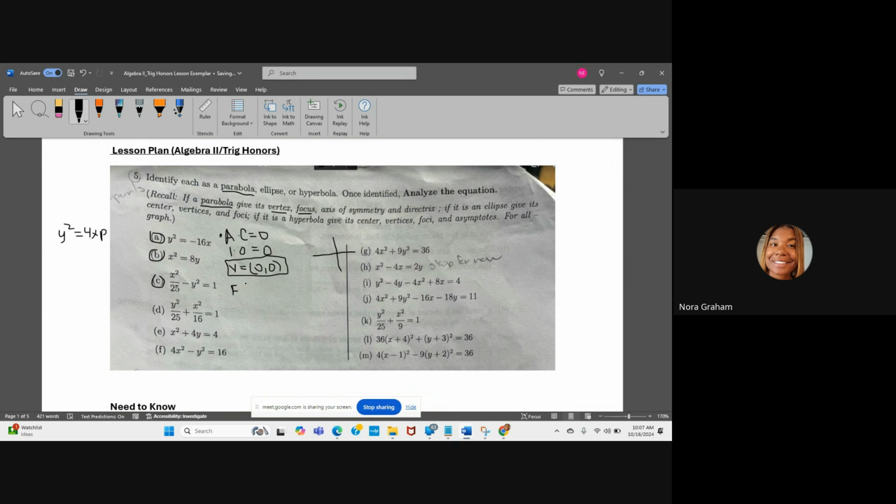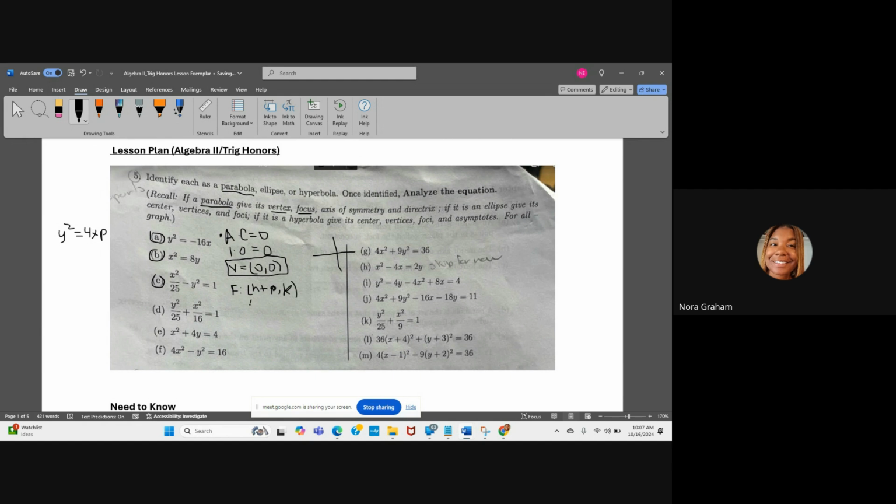So the formula to find the foci is going to be h plus p, comma k, where h is the x of our vertex and k is the y of our vertex. All right, so we just go ahead and plug that in.